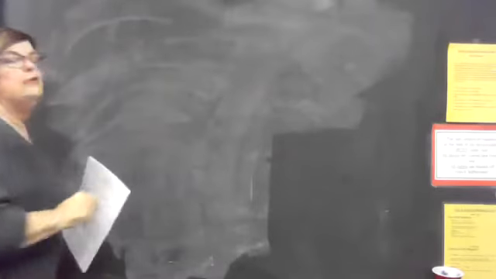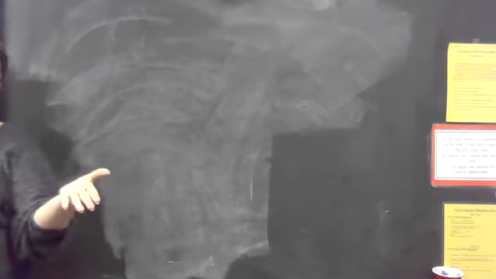So if you're going to set up a proportion, the way you know you're going to set up a proportion is when they're comparing things. They're saying, if this and this is true, then what about this?